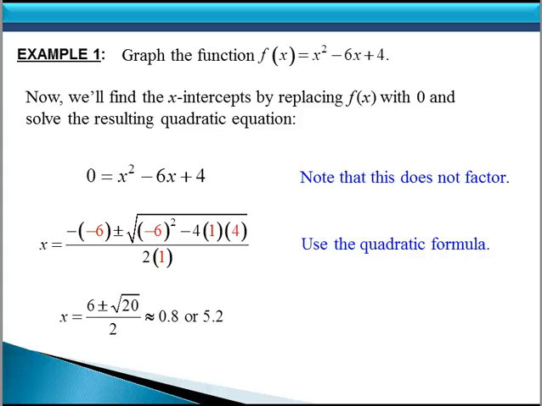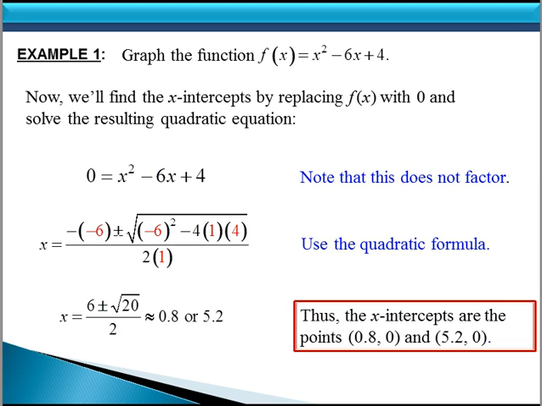So plugging into your calculator, 6 minus square root of 20 all over 2 would give you approximately 0.8. And then plugging in your calculator, 6 plus square root of 20 all over 2 should give you about 5.2. So our x-intercepts are the points (0.80, 0) and (5.20, 0).